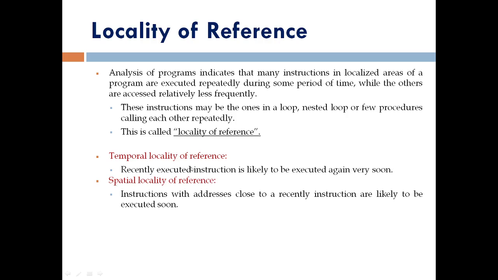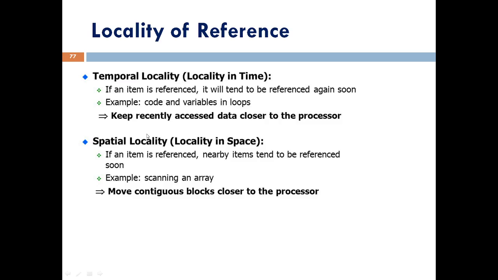Temporal locality of reference means a recently executed instruction is likely to be executed again very soon. Spatial means instructions with addresses close to a recently executed instruction are likely to be executed soon. What does that mean? Temporal locality is in terms of time. If an item is referenced, it will tend to be referenced again soon. For example, code and variables in loops.